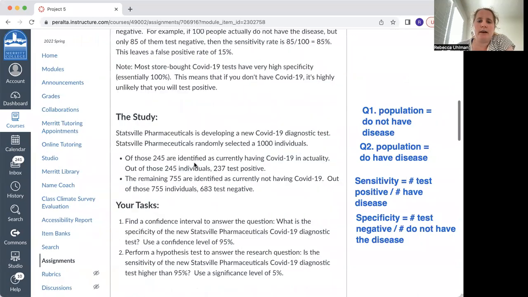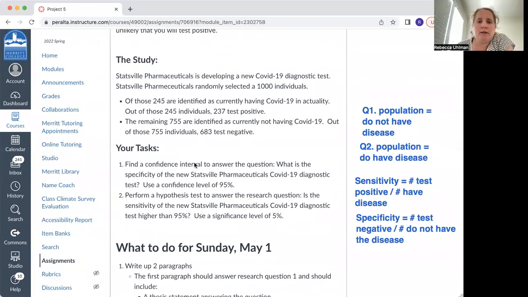Scrolling down to the actual information we have, the study that was done had a random sample of 1,000 individuals, and I split that into 2 separate groups. We have 245 who actually have COVID-19 for our first group.